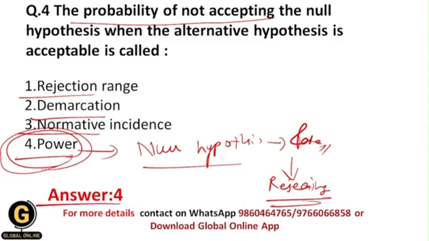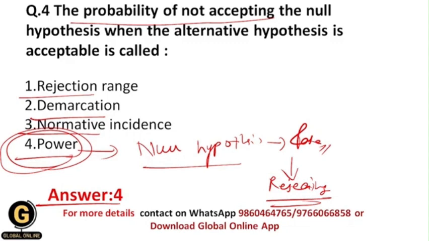You can also say that power is the probability of avoiding type 2 error. There are lots of definitions for power, but in simple words you can say that power is the probability of not making type 2 error.